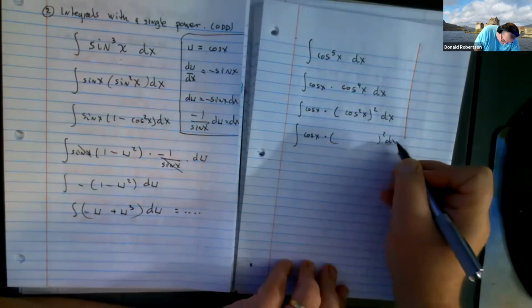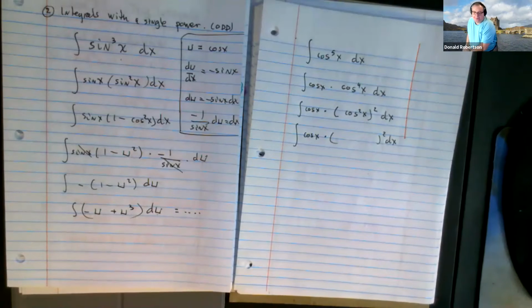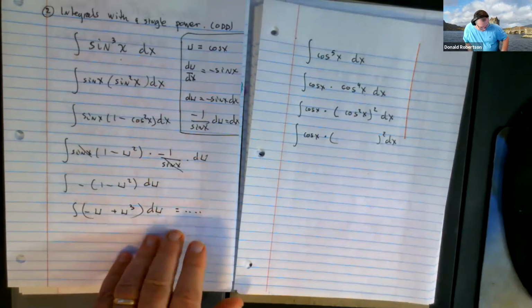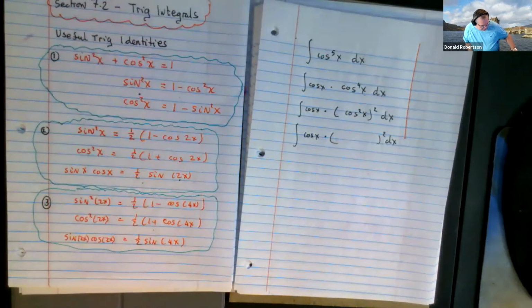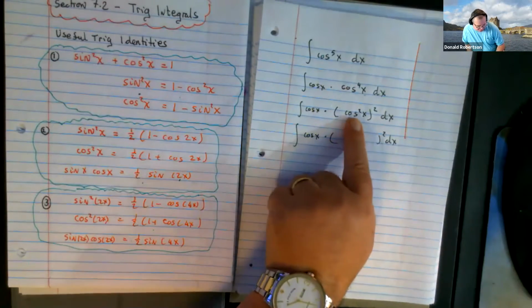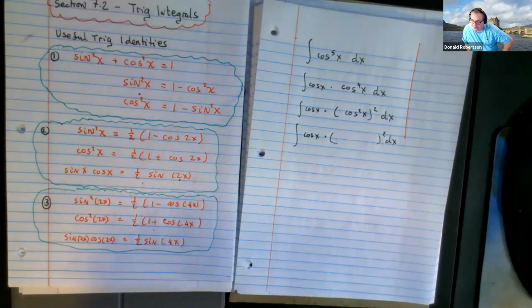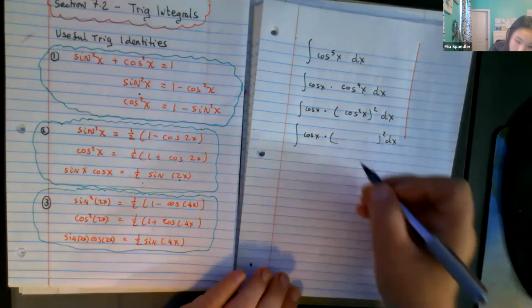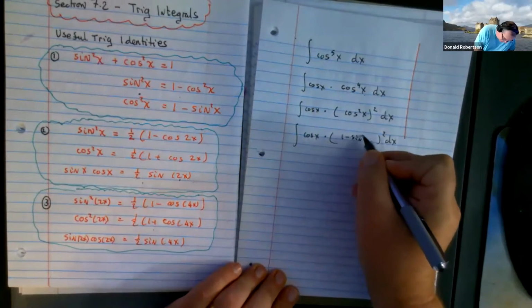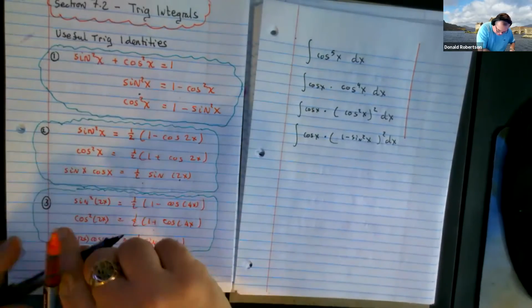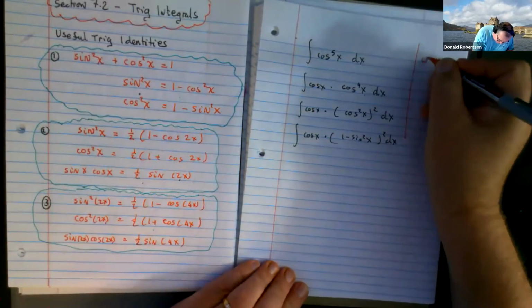What do you think I'm going to replace the cos squared with? 1 minus sine squared x. And now that I've done that, can you see who the u sub should be?